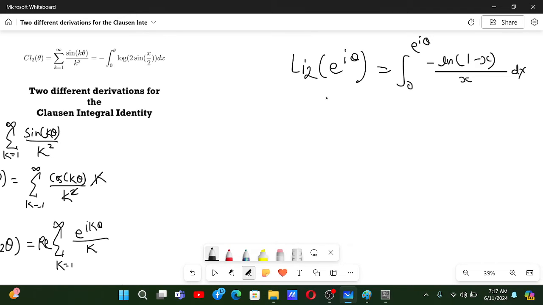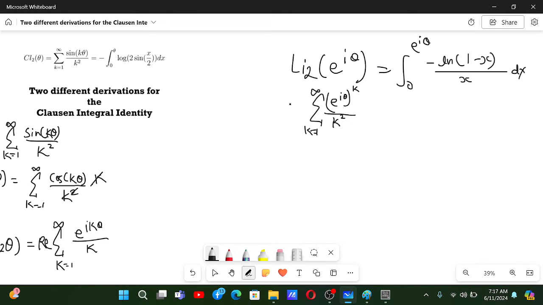Now, we know that this is just a sum from k equals 1 to infinity of e to the power i theta to the power k by k square. Basically if it is x, then x to the power k by k to the power p, where this number is p. So this is the sum.